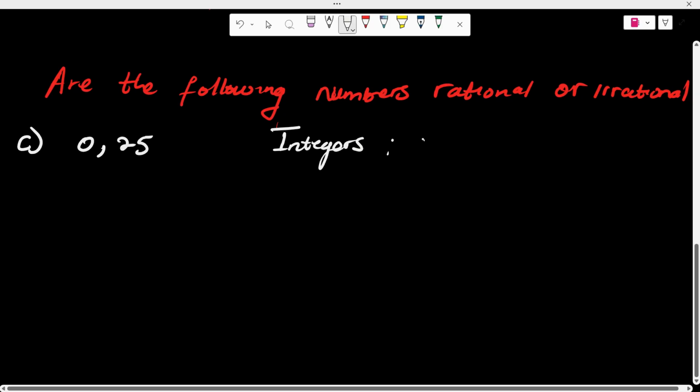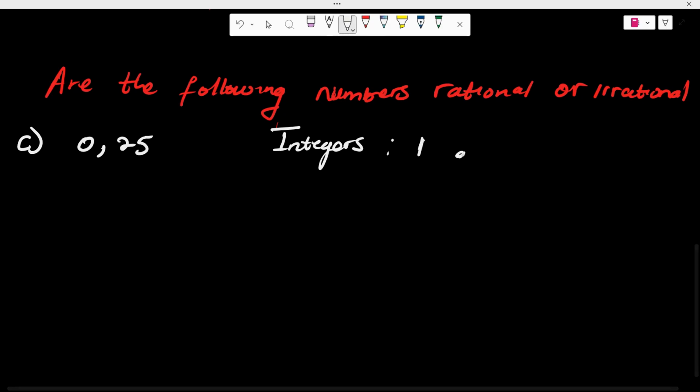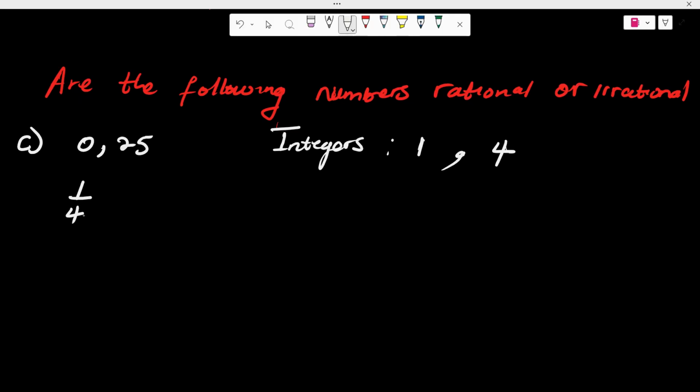Those numbers are 1, which is an integer, and 4, meaning 1 over 4 will give us 0.25. Then yes, 0.25 can be expressed as a fraction, meaning 0.25 is a rational number.